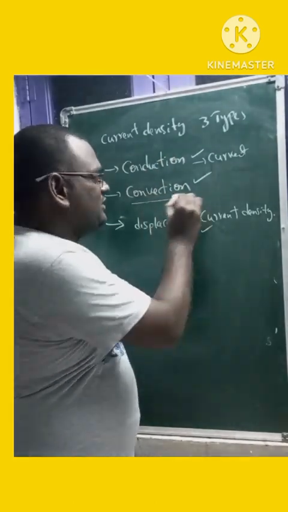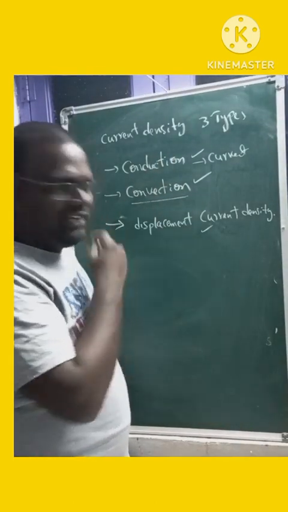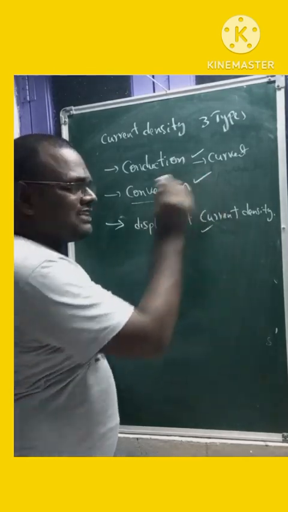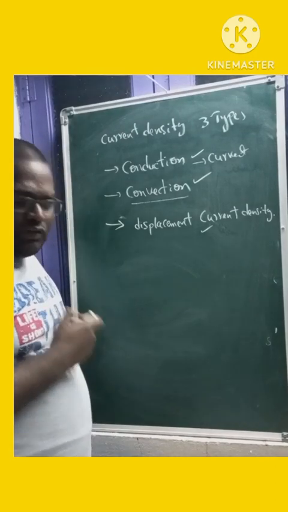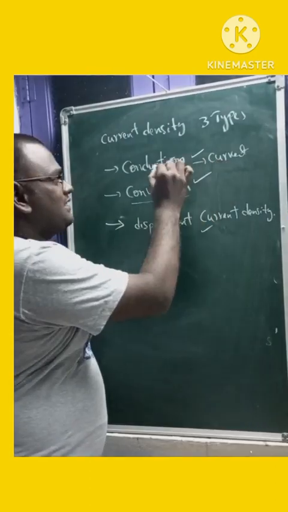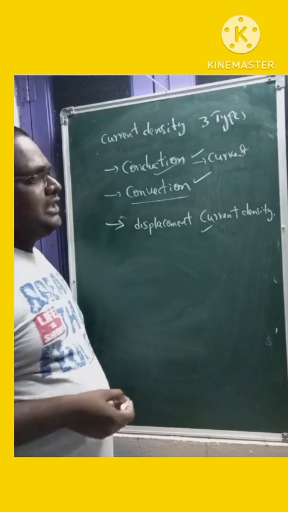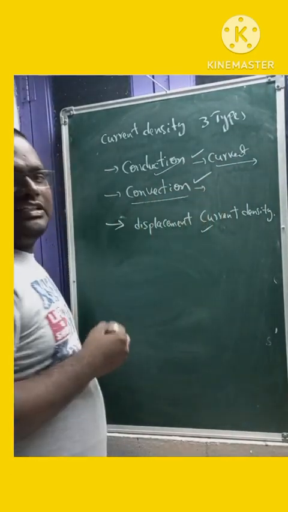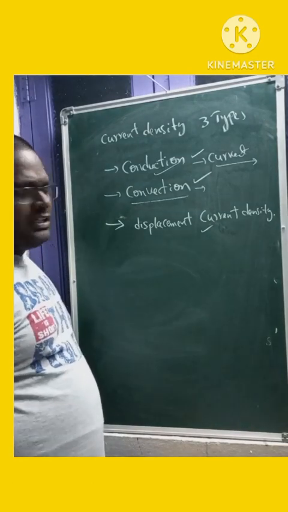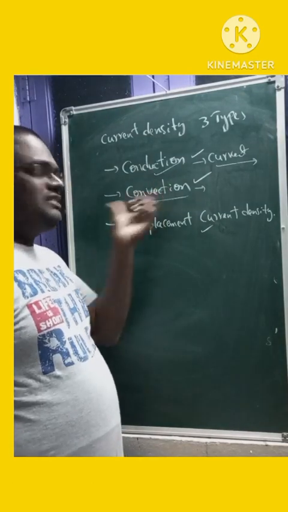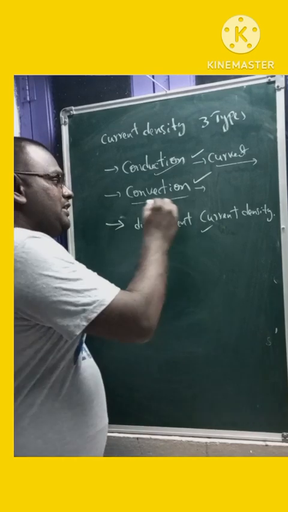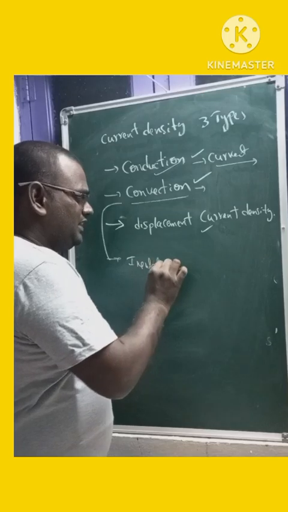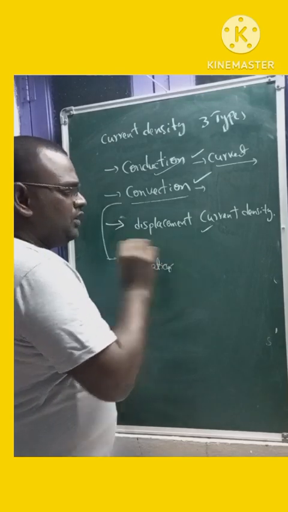Coming to convection, it takes place in the insulators, where conduction does not take place. In conduction, current is involved with the conductors, but in convection the current does not flow through a conductor.